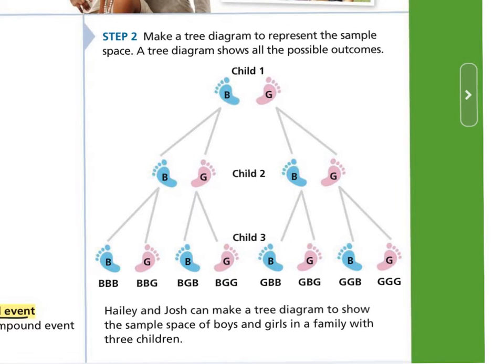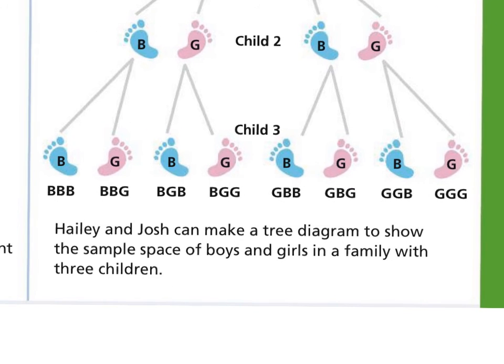So they started out with child 1 being a boy or girl, and then if child 1 was a boy, the next child could have been a boy or a girl, and then going off of that could have been a boy or a girl or a boy or a girl. So you can see at the bottom here they've got all the different options actually.